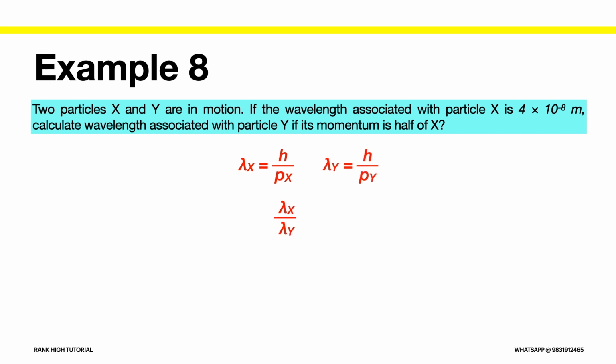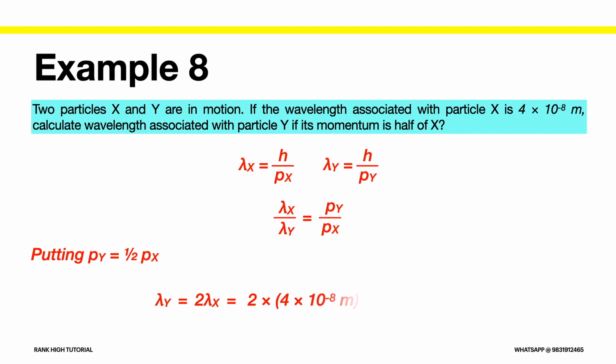If we find the ratio of lambda x to lambda y, it will be equal to py divided by px. Now putting the value of py, that is half of px, lambda y = 2 × lambda x, which will come around 8 × 10^-8 meter, which is the lambda associated with particle y.